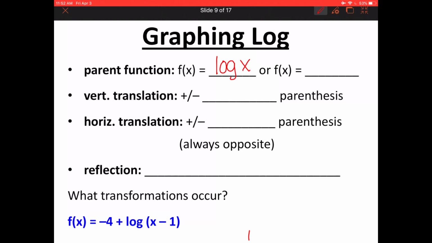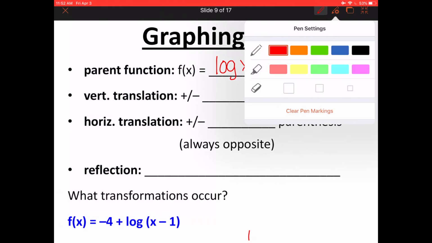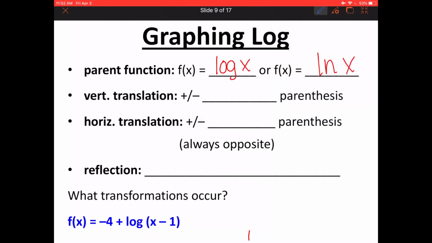Now, when we say log of x, our other option would be ln x, because these are our common logs and then our natural logs. Remember, the common log is default base 10, and then the natural log is default base e. Okay, so those are the two parent functions, log x, ln x.